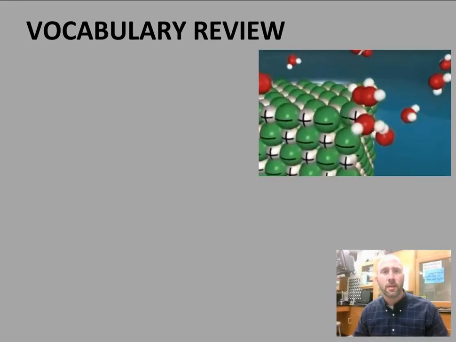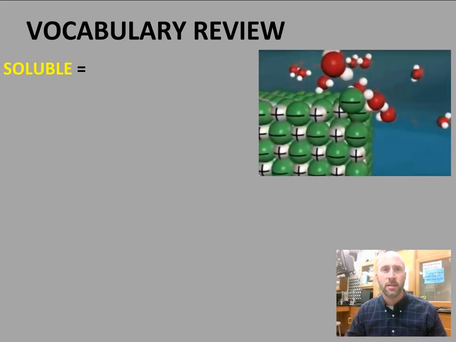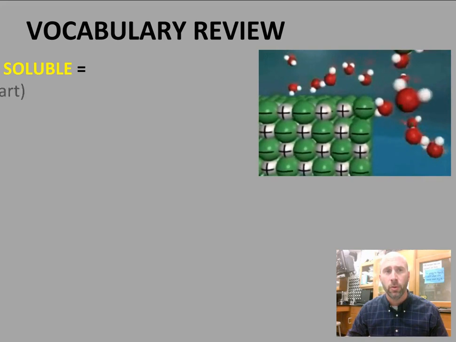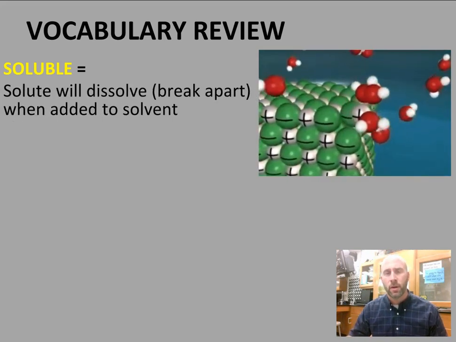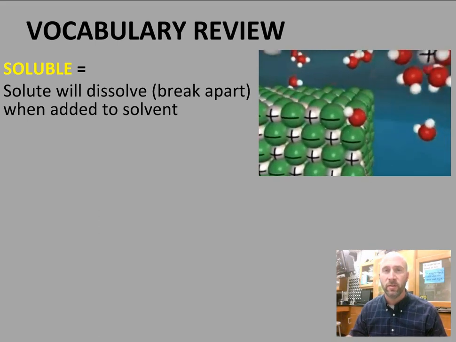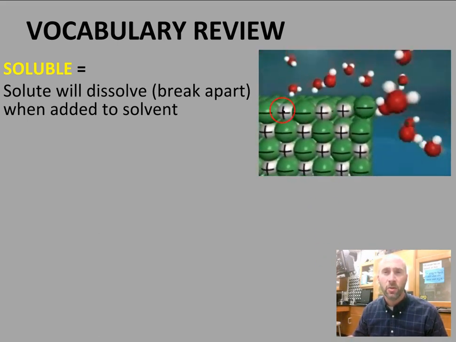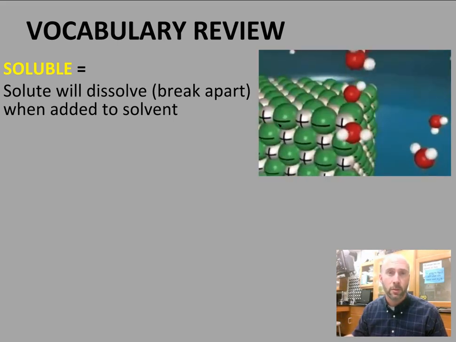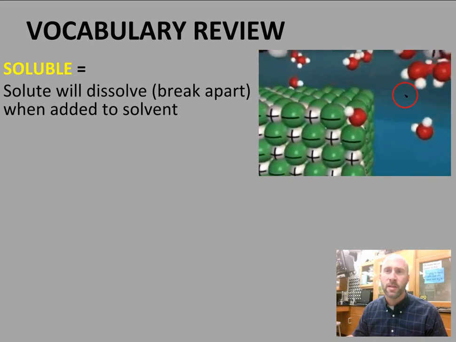Okay. So the next thing we have is a couple more terms. Applying that to action, something that's soluble is where the solute is going to dissolve or break apart when it's added to the solvent. Okay, so in this animation here, we have our solute. Maybe this is a salt crystal. Okay, and then it gets added to, in this case, water.